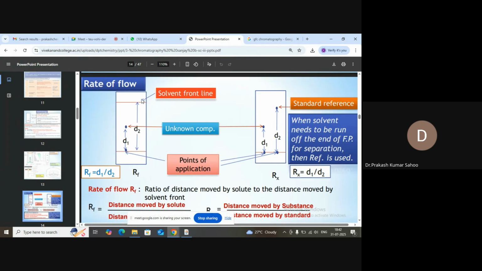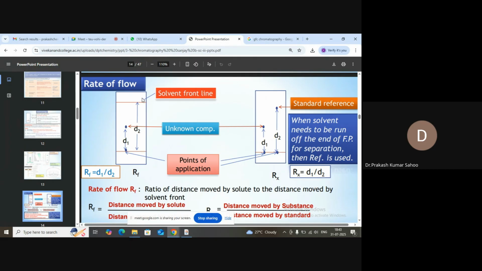Just see here the rate of flow. As we know, when a component has strong interaction with the stationary phase, the rate of flow is slow and it will be separated at the end. Whereas the component which has small interaction with the stationary phase will be separated very fast.